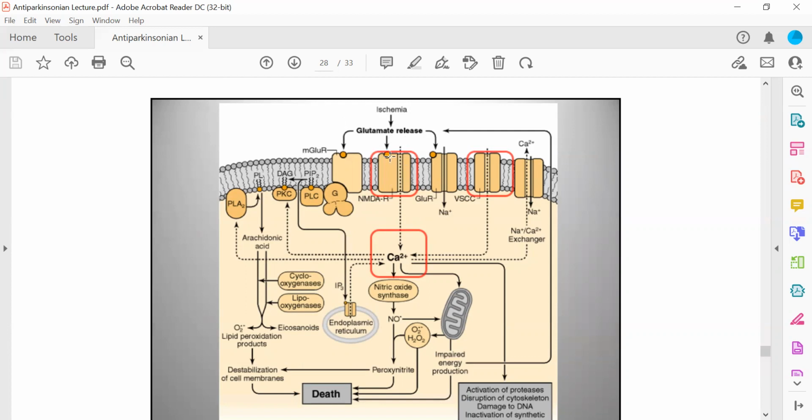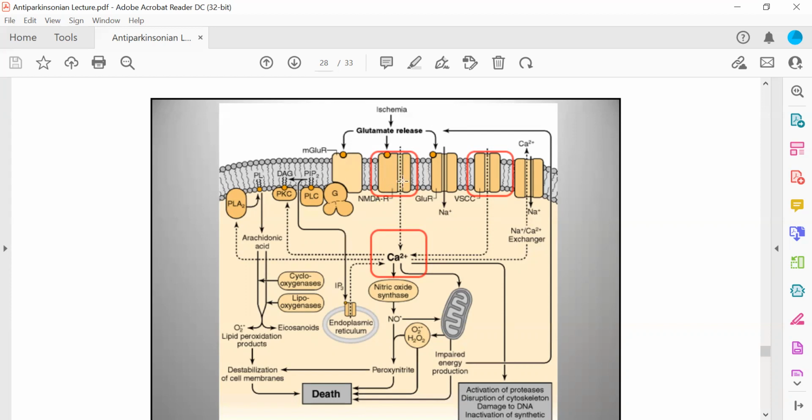This glutamate can then bind to the NMDA receptor. It activates this receptor, and then there is an increase in flux of calcium from the outside of the cell to the inside of the cell, because this NMDA receptor is a calcium channel receptor.